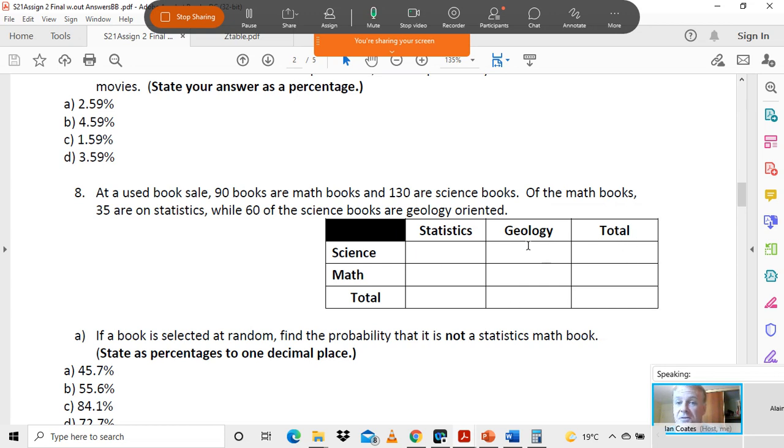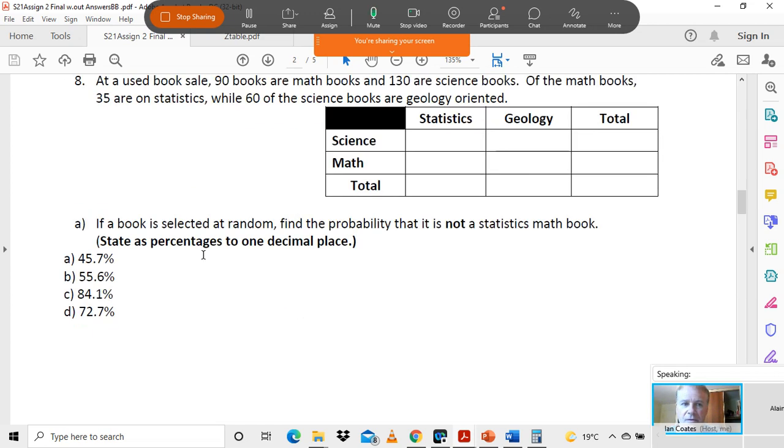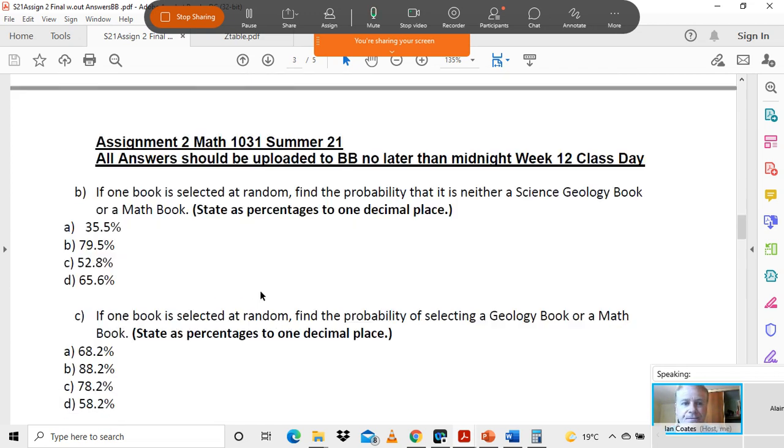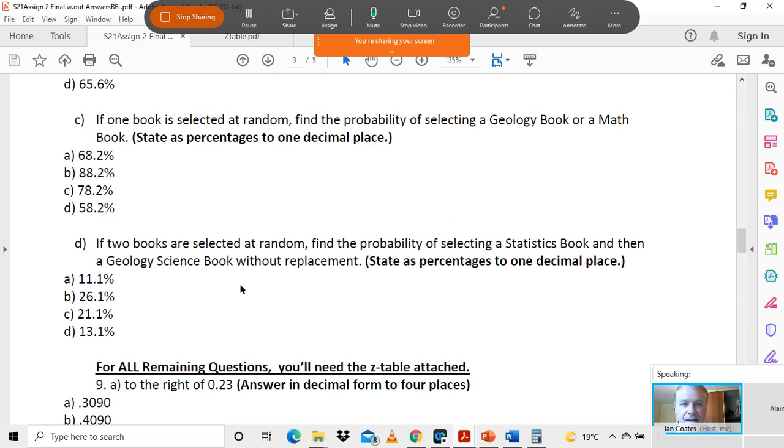You can't do this unless you fill this in. That's why I gave it to you. Of the math books, 35 are statistics, while 60 of the science books are geology oriented. Okay, ugly, but fill in these and then you can extract your probabilities and whatever I'm asking you for. Okay, so there's A, B, C, and D.